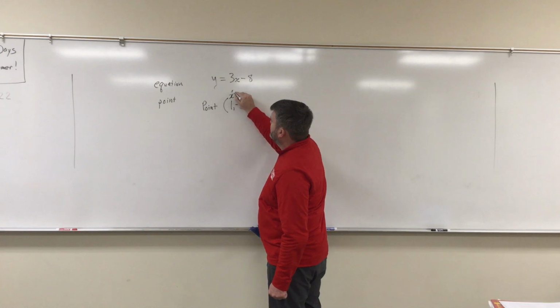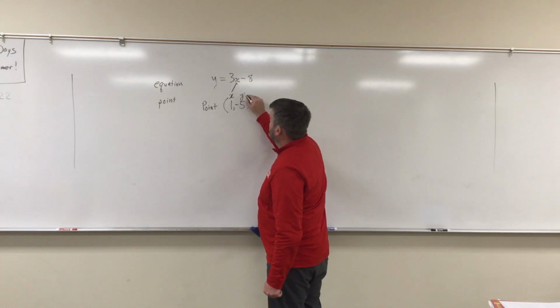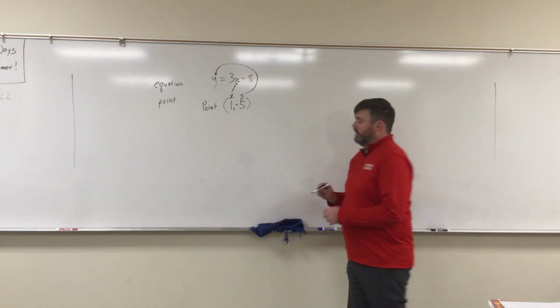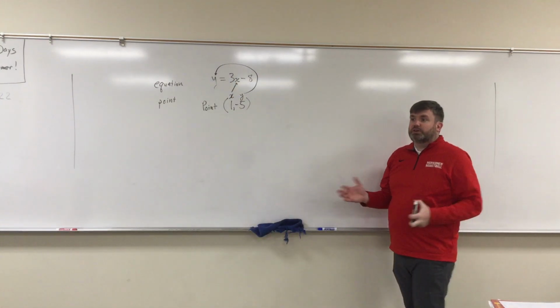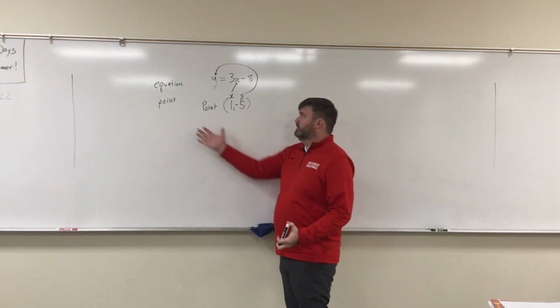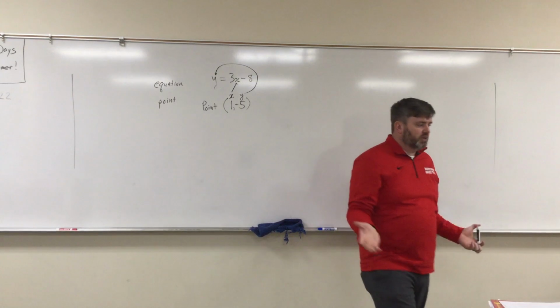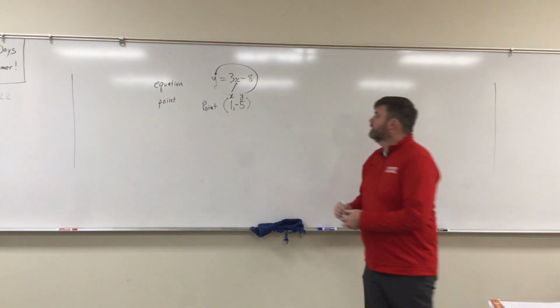So you're going to take the x value and plug it in for x, take the y value and plug it in for y. And like every other thing we've done this year, if you get a true statement, then yes, that point is on that line. If you get a false statement, then no, it's not.